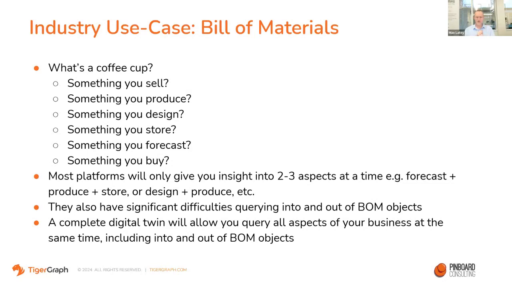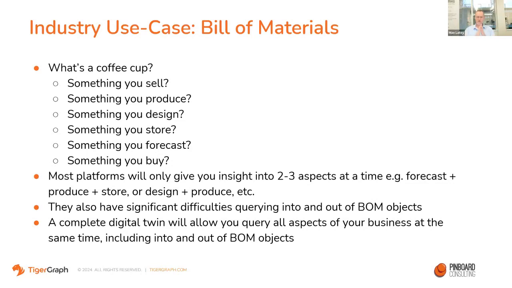Balance sheet. So this is where genuine digital twins in graph can start to allow you to stitch all these dimensions together. And in particular, one of the difficulties with bill of material, and why our clients are really enjoying having a digital twin and enjoying having a graph, is because it makes going into and out of bill of material objects so much easier.